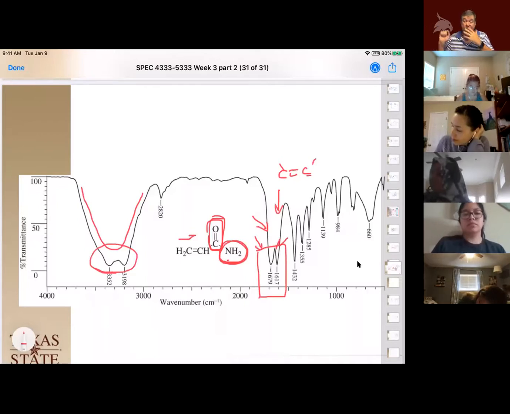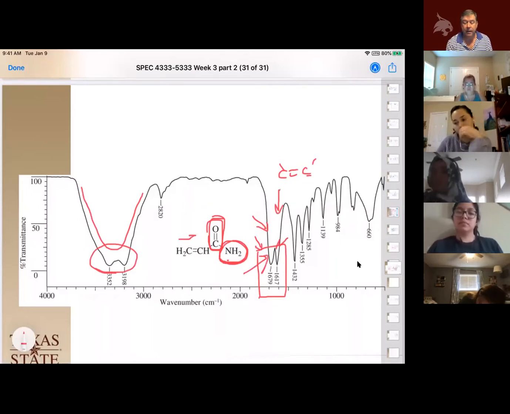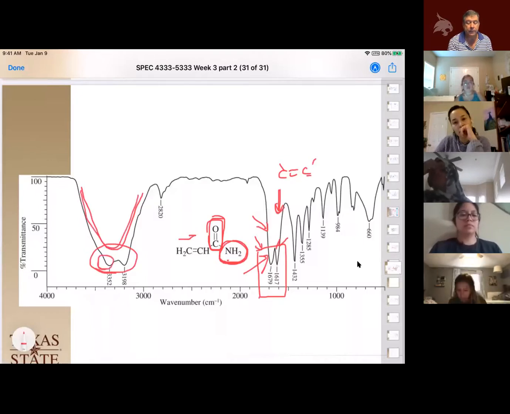Okay, so the three things to look at on this one is, we have our carbonyl peak shifted down because of the amine. We have our carbon-carbon double bonds shifted slightly up because of conjugation. We have our hydrogen bonding in our amine, and we know we have two hydrogens on the nitrogen because we have two peaks.